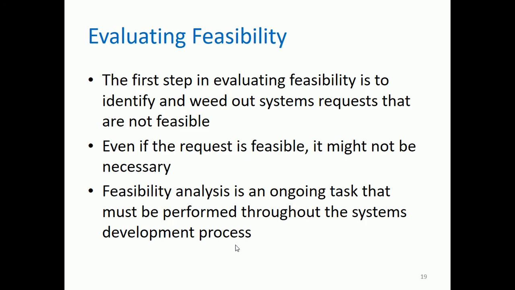This is feasible, for example, technically feasible, economically feasible, and it is feasible with schedule. But then, it's not necessary. It will just incur another cost to the company. So you have to really evaluate, even though it is feasible. Then feasibility analysis is an ongoing task that must be performed throughout the system's development process.